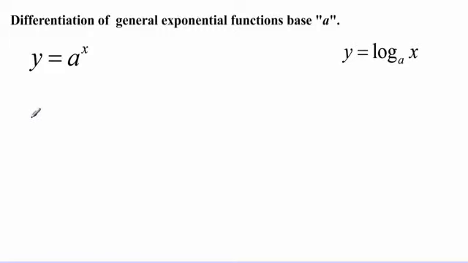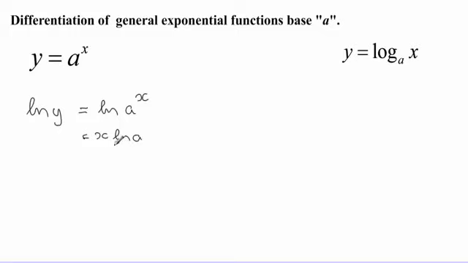So what we're going to do is apply ln on both sides, which is going to be ln of y equals ln of a to the power x. Simplifying here, we've got x ln of a.